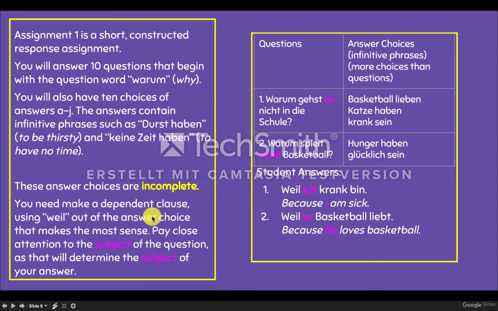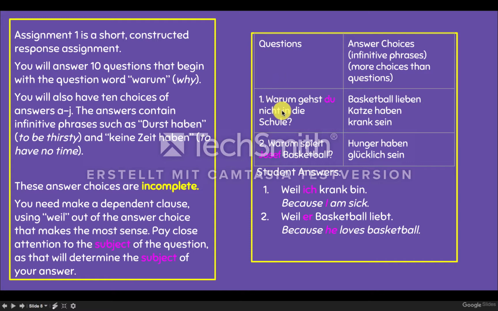You need to make a dependent clause by using the conjunction weil, using the answer choice that makes the most sense. Pay close attention to the subject of the question, as the subject of your answer will be determined by that. So what does that mean? Well, let's look at number 1 and consider everything about it. Warum gehst du nicht in die Schule?